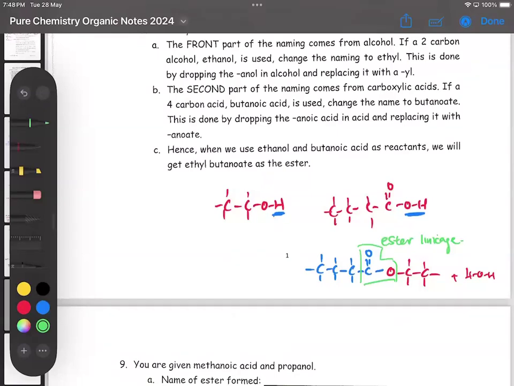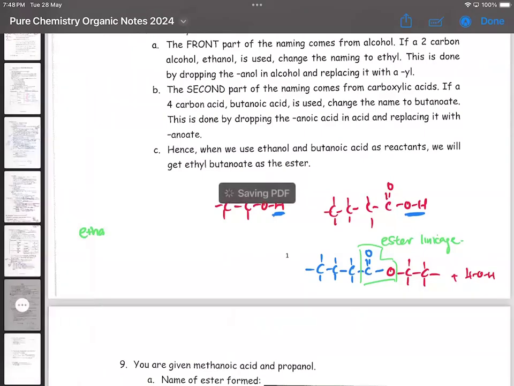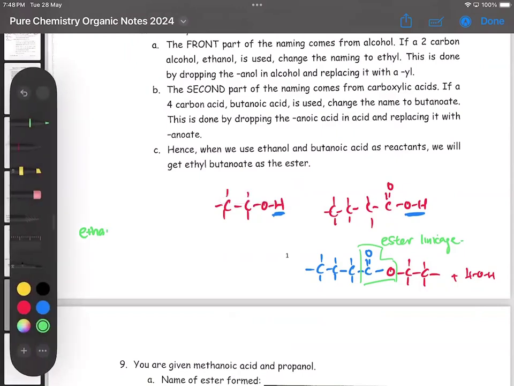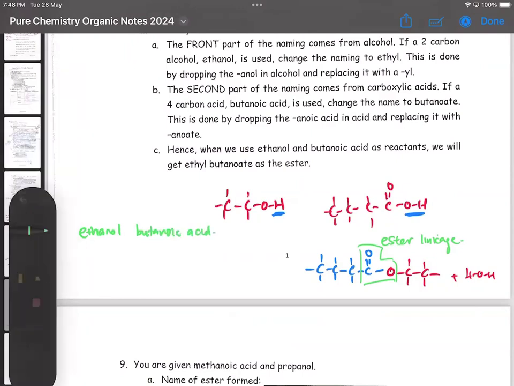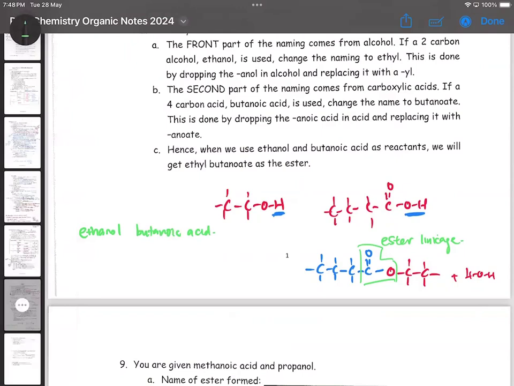So normally the name will put the alcohol first. So ethanol, and behind we have butanoic acid. Okay, to name the ester, what is the name of this guy over here? From here, we minus ANOL, remove the name for the alcohol.